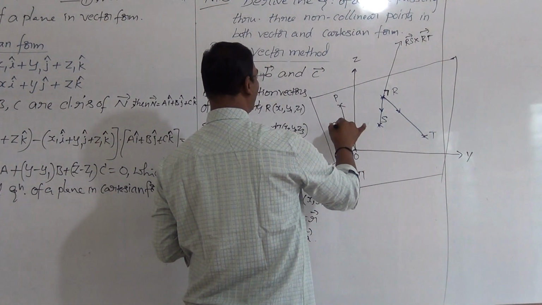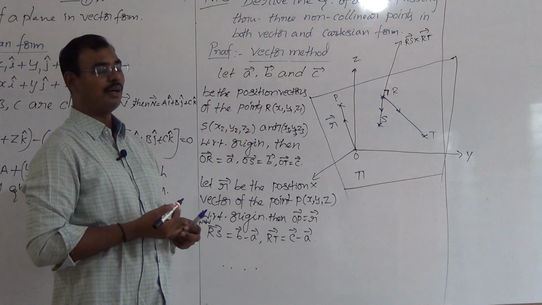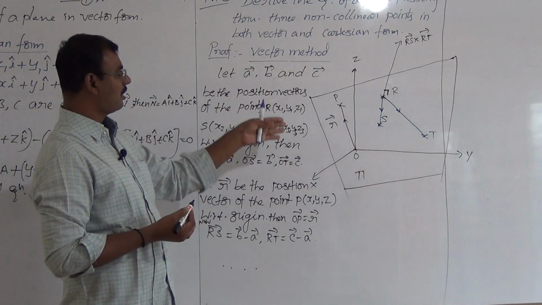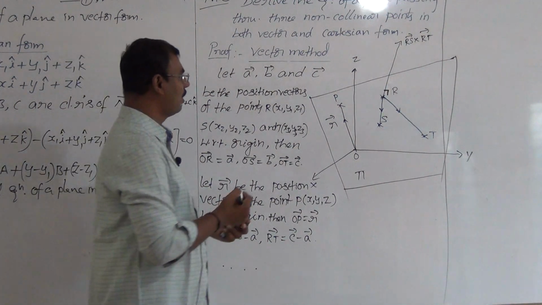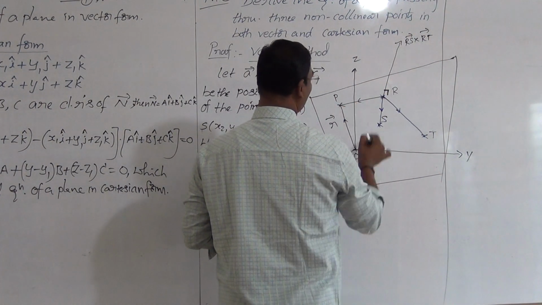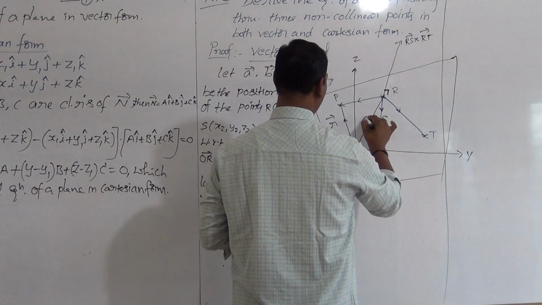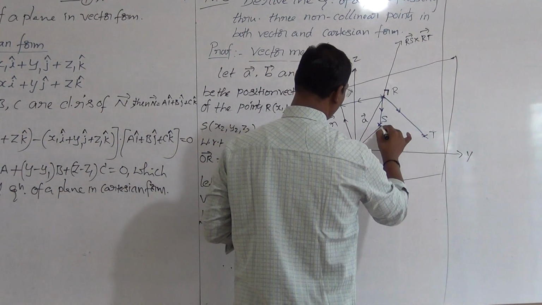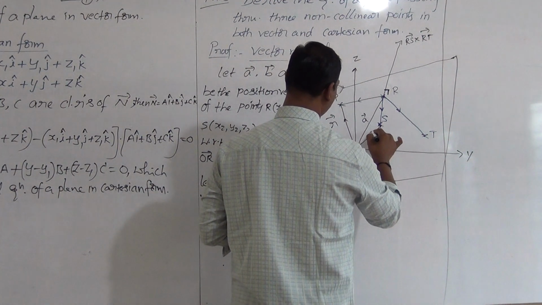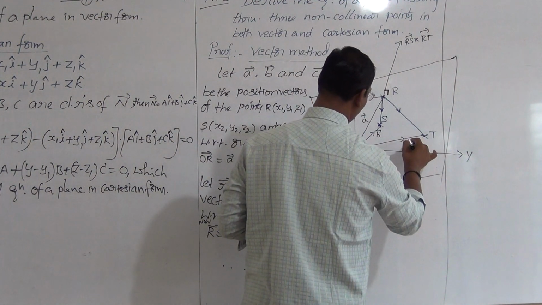Let r bar be the position vector of the point P. Now join RP. Here OR is the position vector, let us take it as a. OS is also a position vector, that is b, and OT is also a position vector, c.